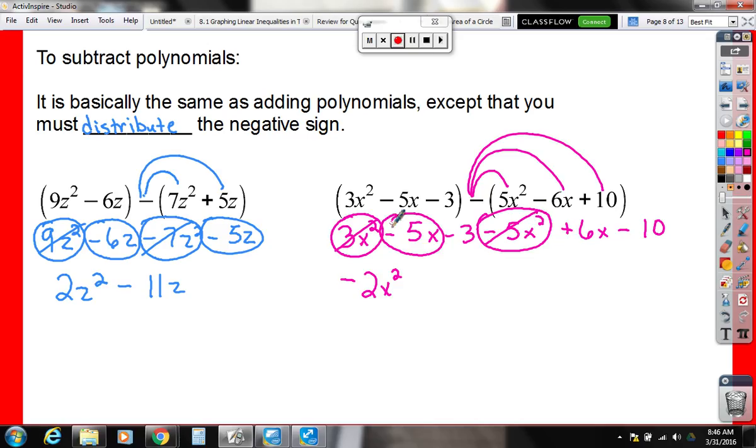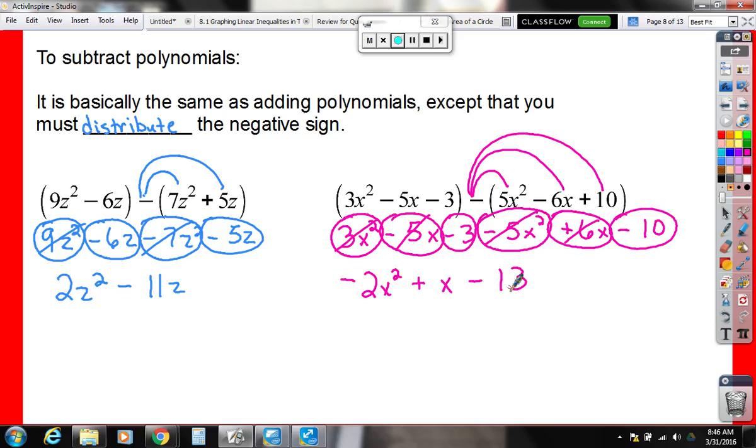Okay, and I get 1, good, x. 1x, or just x. You can write a 1 in front of the x if you want to. And last, Paul? Negative 3 and negative 10. Good, I like how you guys are all correcting yourselves when you don't say the negative. What do you get? Good.